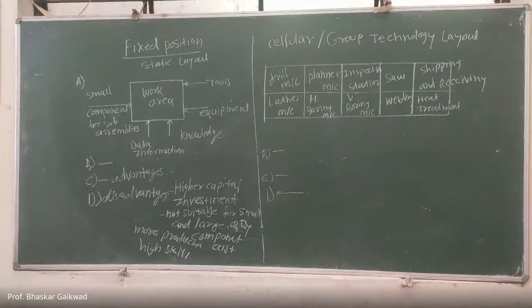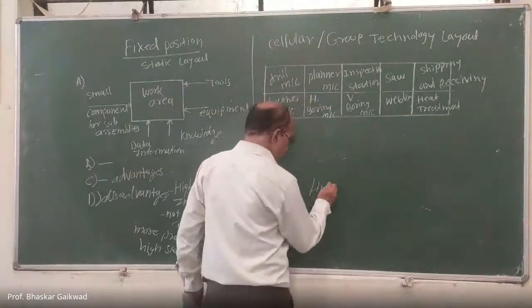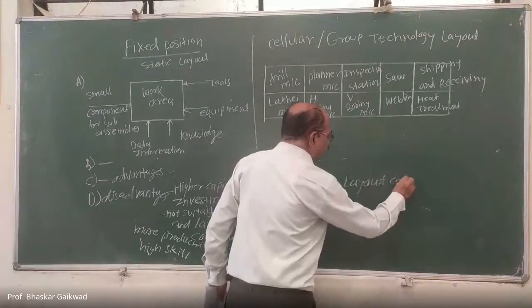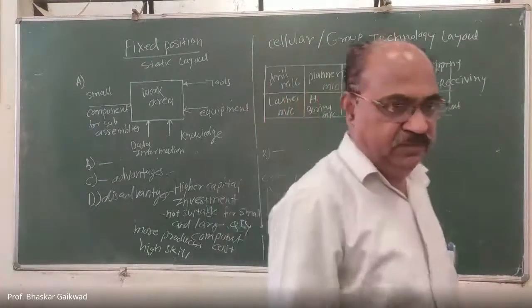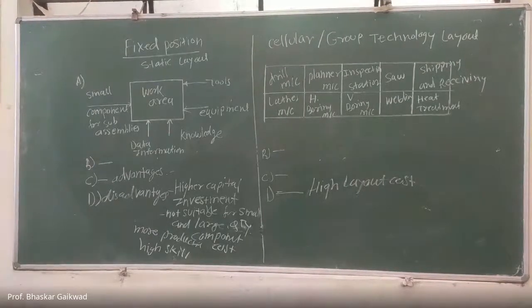Now we'll see the disadvantages related to cellular or group technology. High layout cost. Layout cost is high. Here we have to group together all drilling machines, milling machines, or any other machines at one place, because of this high layout cost is there.